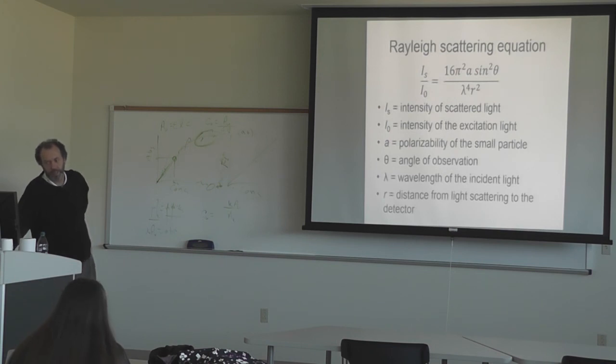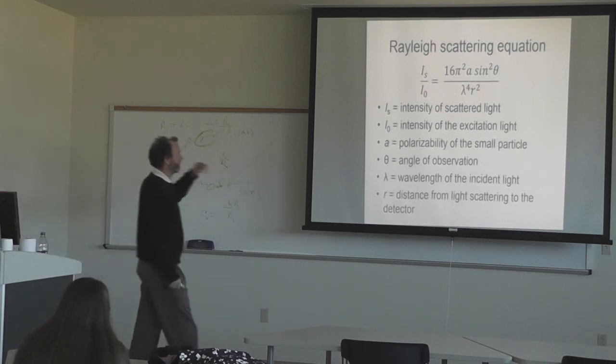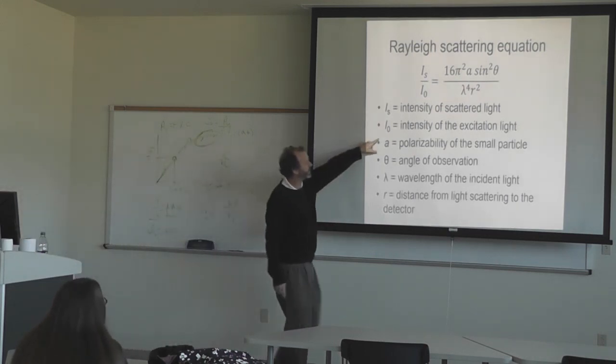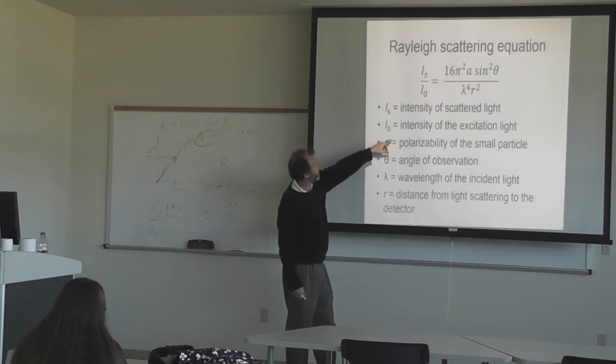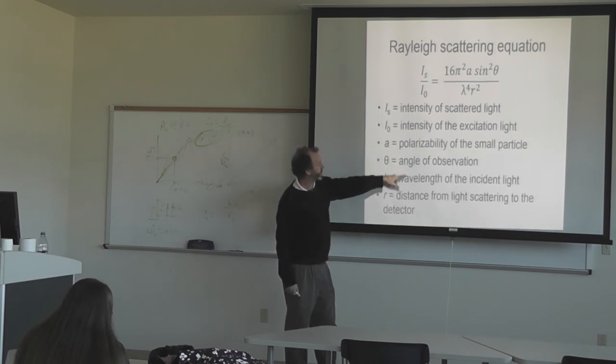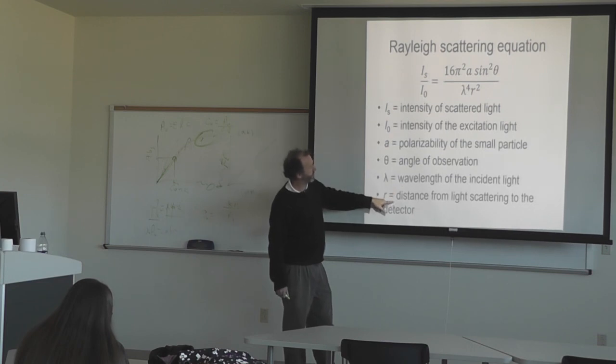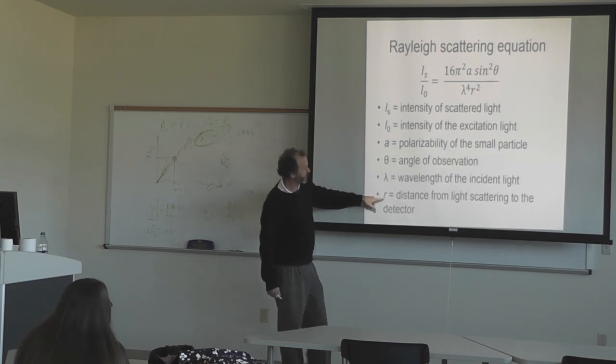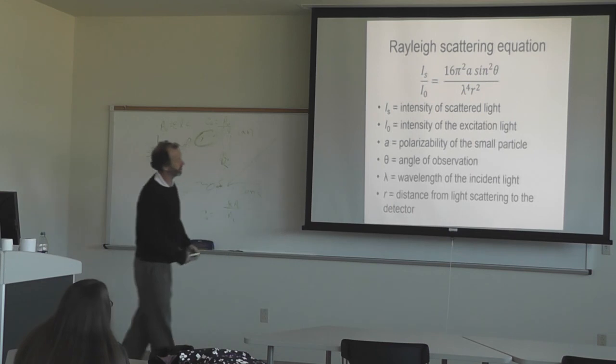So Rayleigh's light scattering equation is this: the intensity of scattered light divided by the intensity of excitation light is equal to 16 pi a sine squared 2 theta, the angle of observation, divided by the wavelength of the incident light, divided by the square of the distance from the light scattering to the detector.